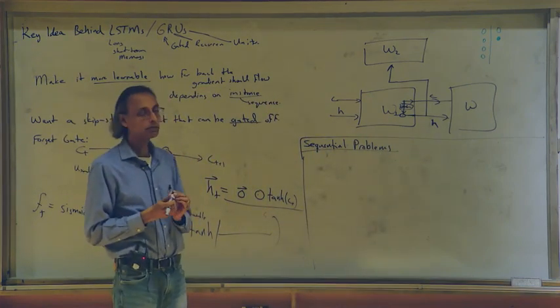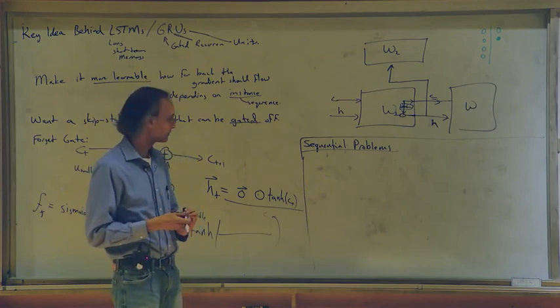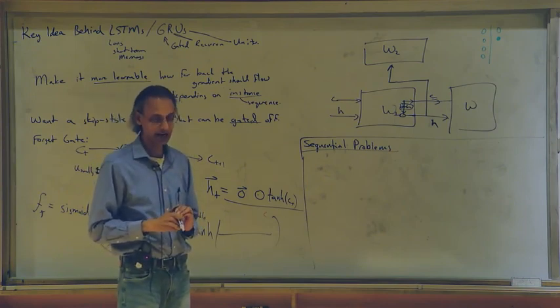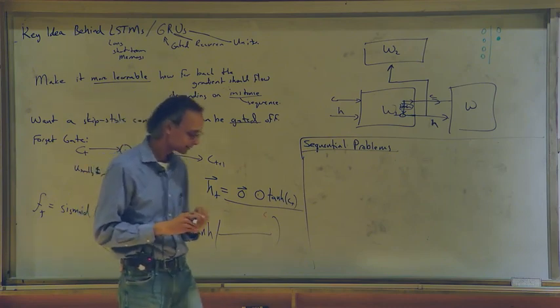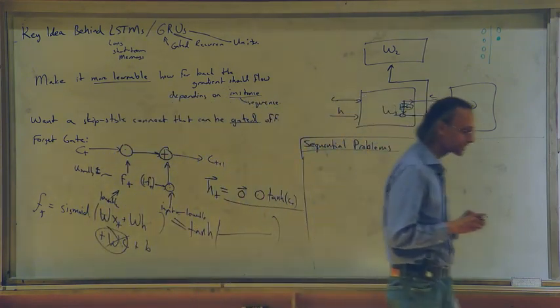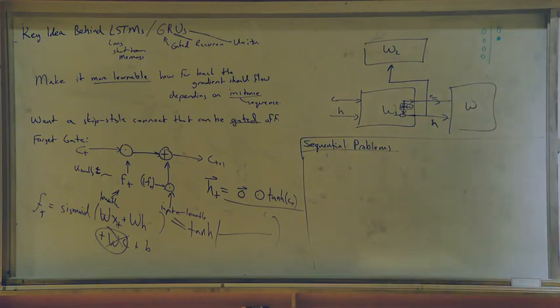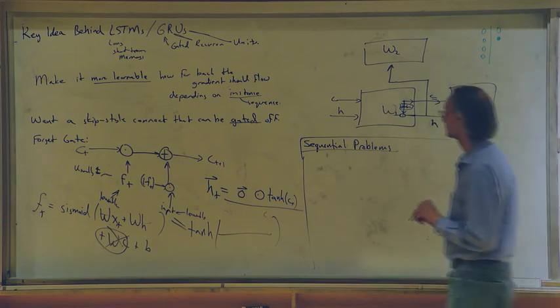For problems of sequences, there are many, many different kinds of sequence problems that you can have, and you need to think about how to build the neural architecture to deal with the specific kind of sequence problem that you have. So I'll start with one example.